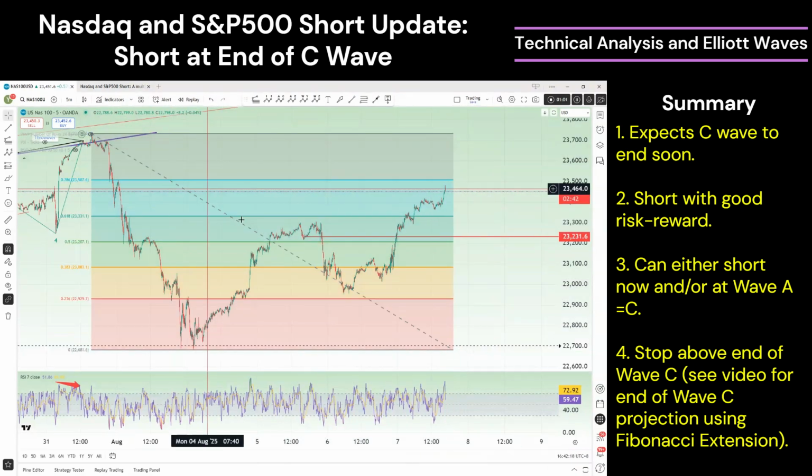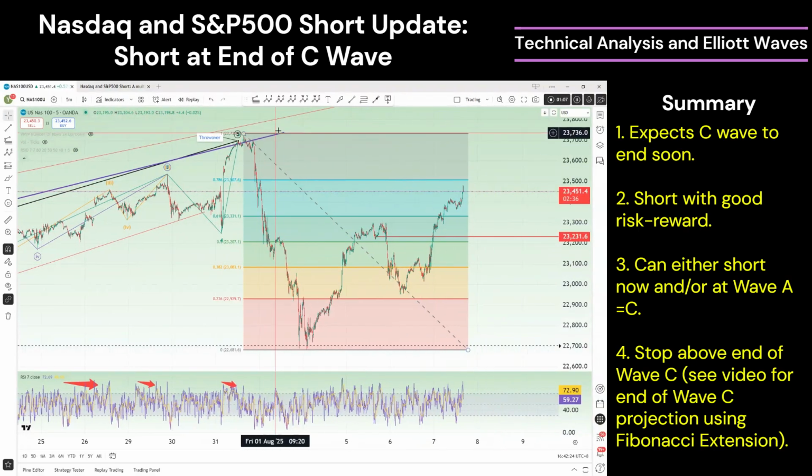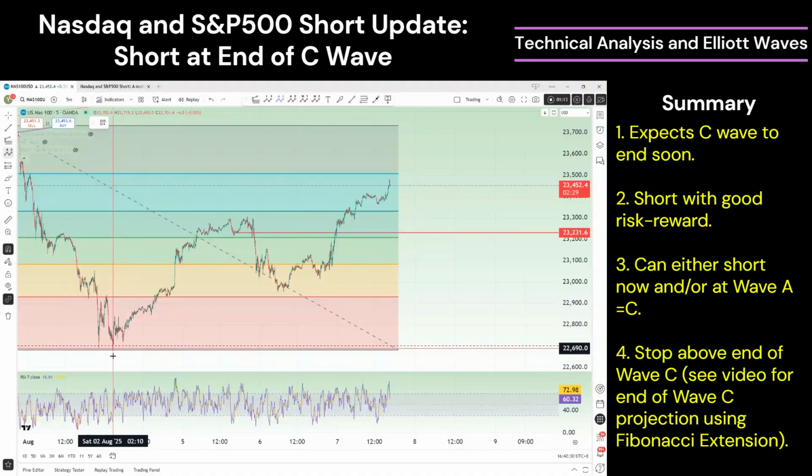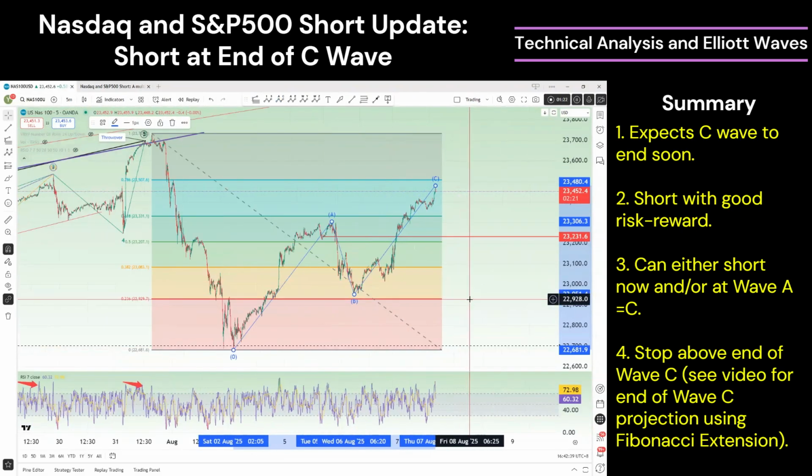Now, over here, you see that we have this obvious three-wave move up. So over here, I will just put this as ABC. So just find the highest point, A, B, and I believe this is to be a C.